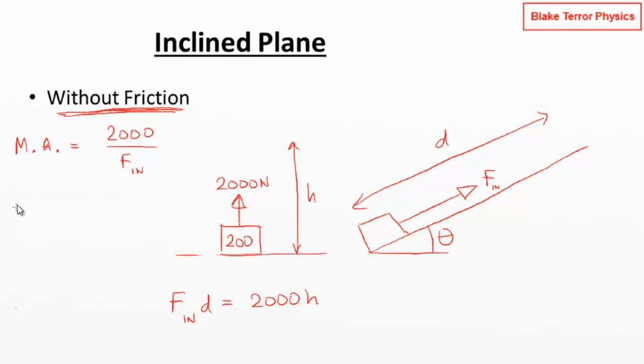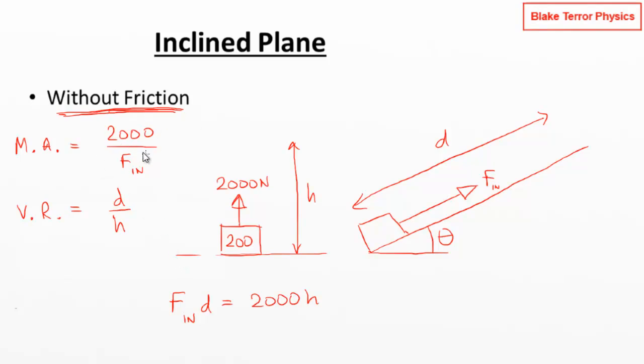And that is also going to be equal to our velocity ratio in the ideal case. Remember, when we've got no losses and we're 100% efficient, the mechanical advantage is equal to the velocity ratio. And the velocity ratio is d over h. So the distance that we move our input force through divided by the distance that our output force has moved through. So these things are equivalent to each other.